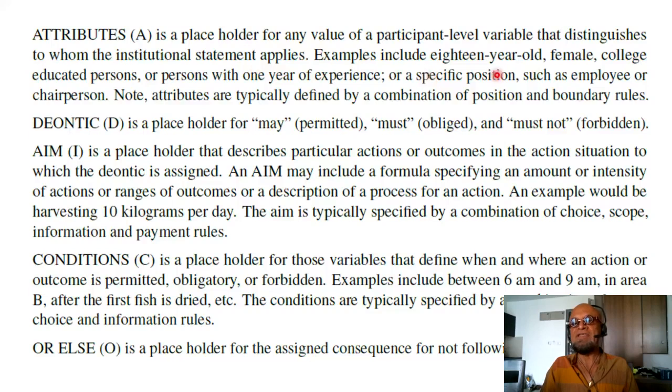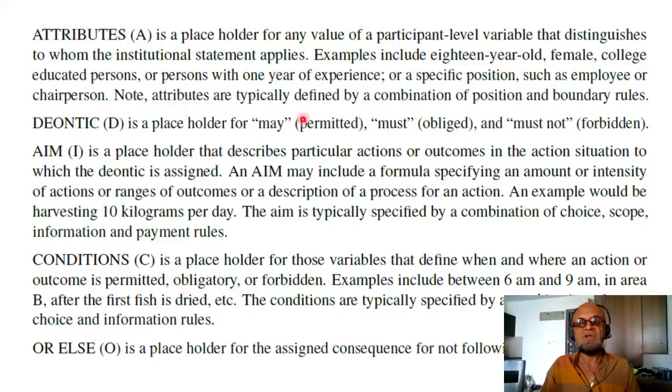Examples include 18-year-old, female, college-educated persons, or persons with 1 year of experience, or a specific position such as employee or chairperson. We are not being specific, but you know exactly what we're talking about. Getting a driver's license, fishing license, right to drink, or permission to drink in a public place, and so on.